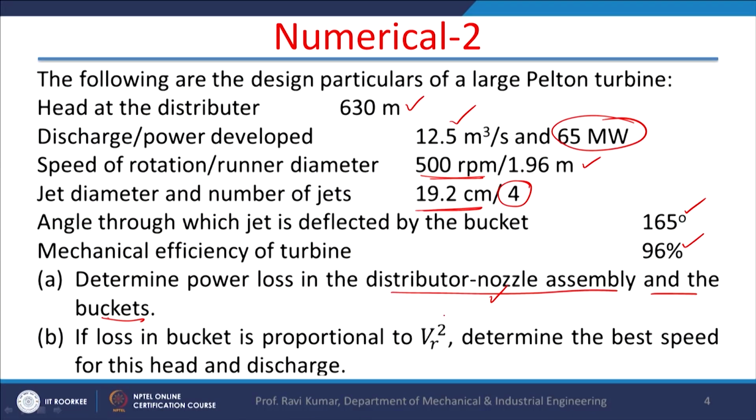At the entry some power is available and there is an assembly which distributes fluid to different nozzles. Because there are bends and changes in direction, some losses are bound to be incurred there. Those losses have to be found out. Loss in bucket is proportional to VR square. Determine the best speed for this head and discharge.